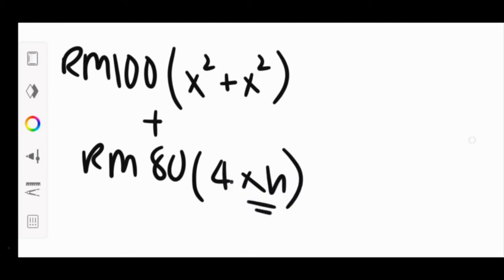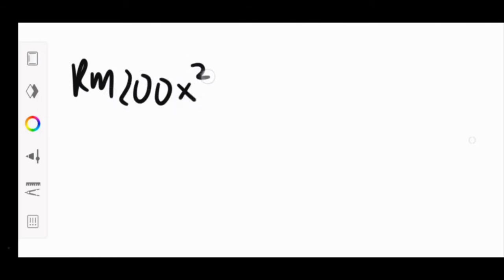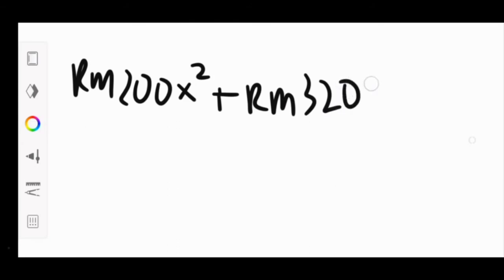This is the area for the sides, and this is the area of top, and this is the area of bottom. After substituting in, or multiplying in the value, we will get Rm 200 x squared plus Rm 320 xh.